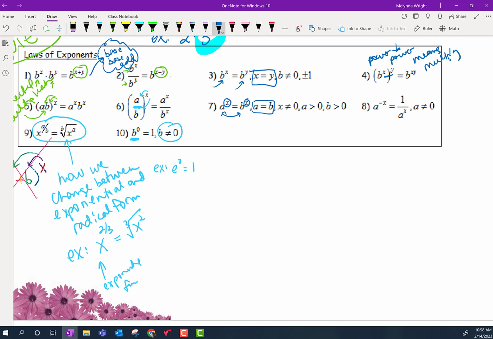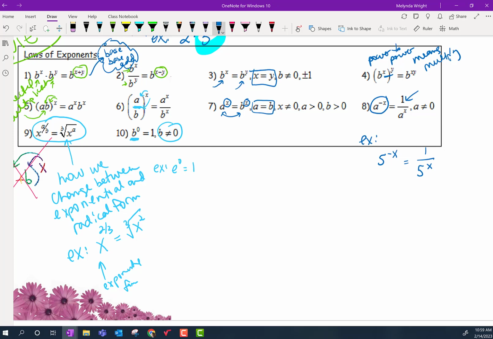Okay, and then the last one, if you recall, when we have negative exponents, we can rewrite the negative exponent. So this, a to the negative x, is the same thing as 1 over a to the x. For example, if we have 5 to the negative x, that's going to be the same thing as 1 over 5 to the x.